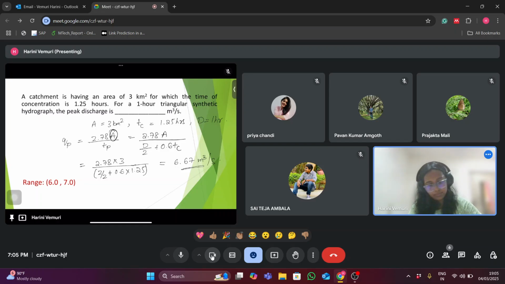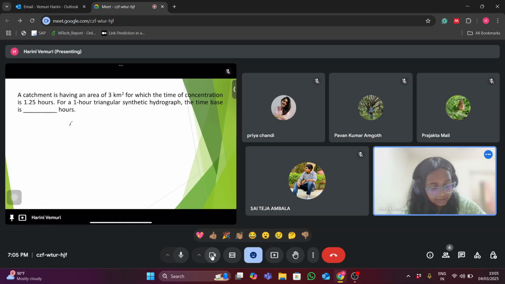Okay. So the next question is, the area of the catchment is 3 kilometers square and the time of concentration is given as 1.25 hours. For a 1 hour triangular synthetic hydrograph, that means D is equal to 1 hour, estimate the time base. Okay, the time base is equal to 2.67 times the time of peak.